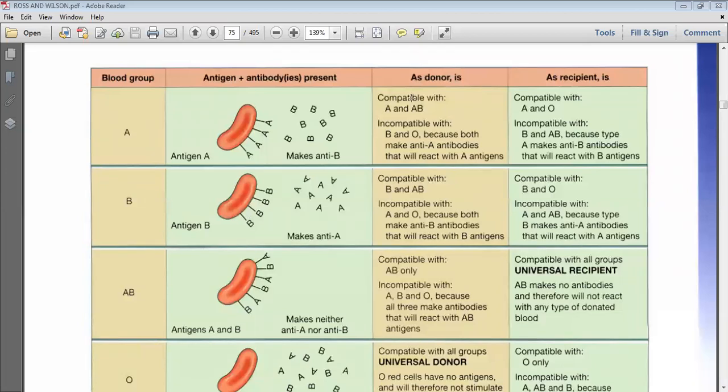As a donor, it is compatible with blood group B and blood group AB, and incompatible with blood group A and O, because both make antibody B that will react with the antigen B. And as a recipient, a blood group B person can receive blood from donor B and O.